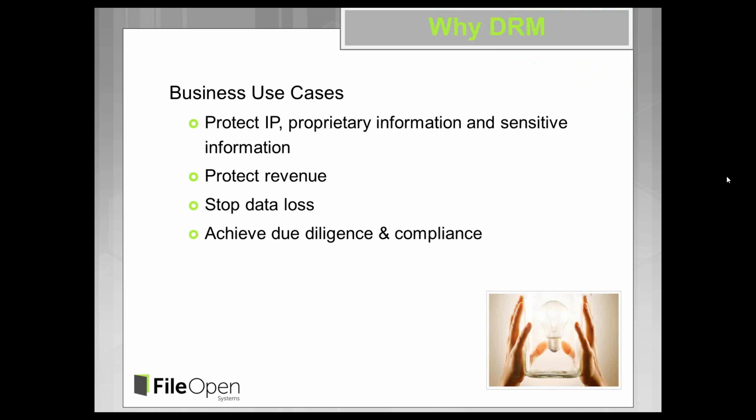Another usage of our functionality is to stop data loss. So organizations can be secure that if they share information either internally or externally, they have the ultimate control over who views that document, when they view the document, and how often and for the duration that that document can be accessed. In today's world, we're also seeing a lot of pressure to achieve due diligence and compliance.